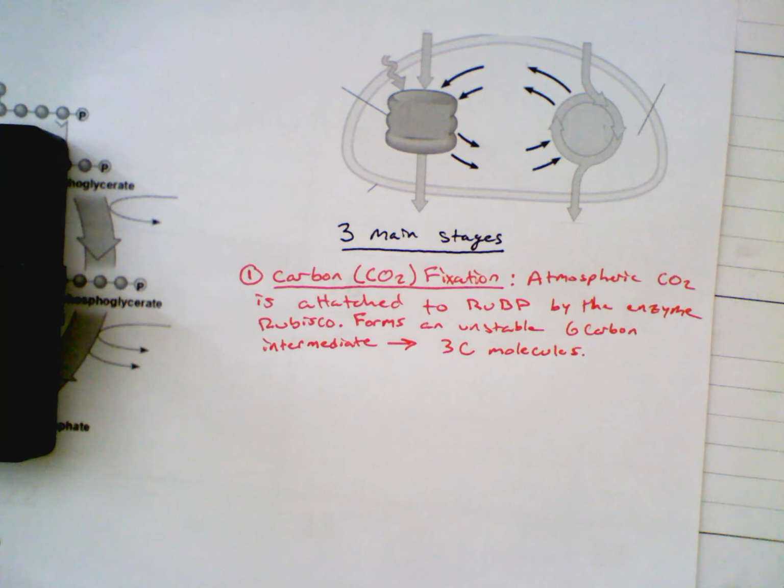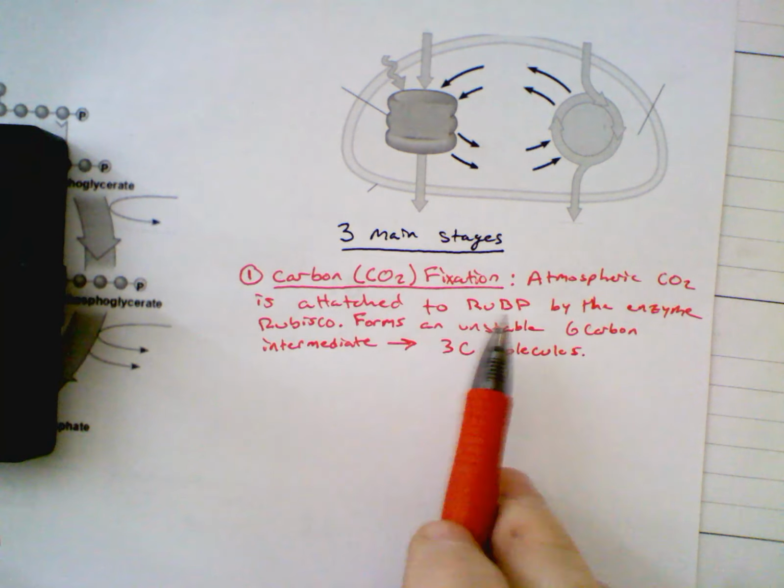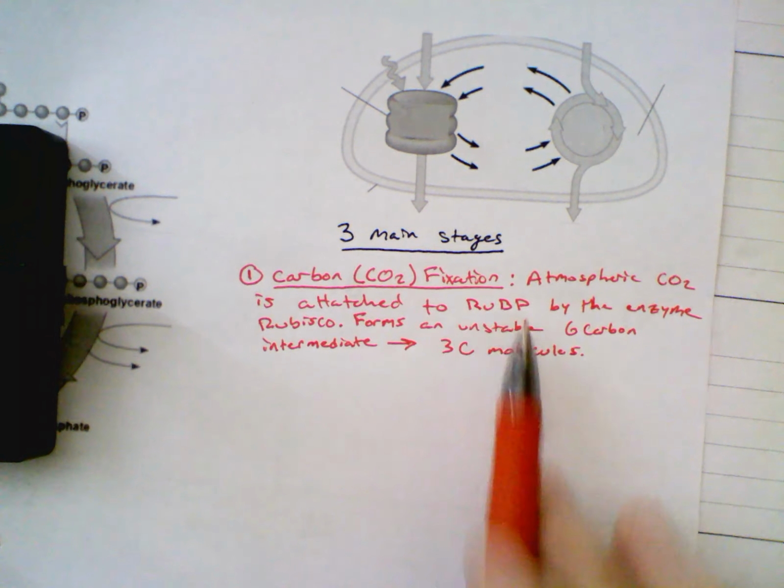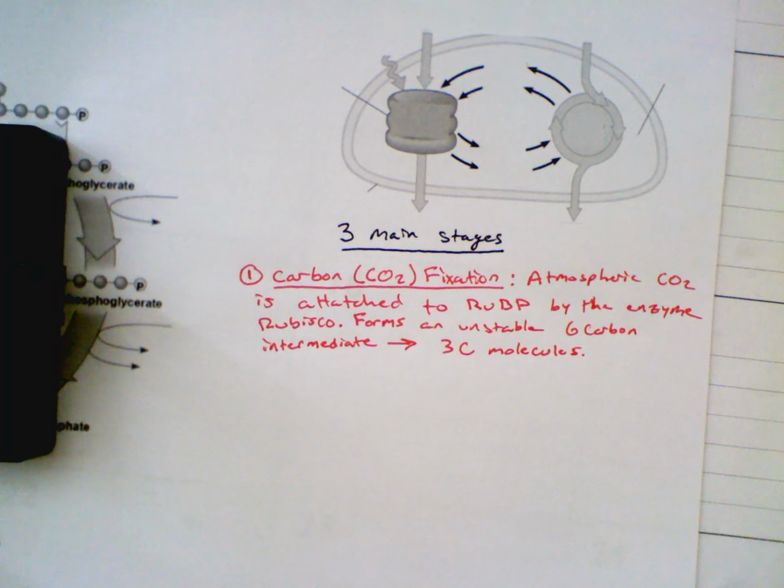So that's going to be stage 1. Atmospheric carbon dioxide is going to come in through the stomata of the leaves, which are those tiny little openings that the leaves can open and close, or plants can open and close. Atmospheric CO2 comes in, and then it's going to be attached to this small sugar molecule, RuBP, which is the starting and ending product within the Calvin cycle. That fixes the carbon.